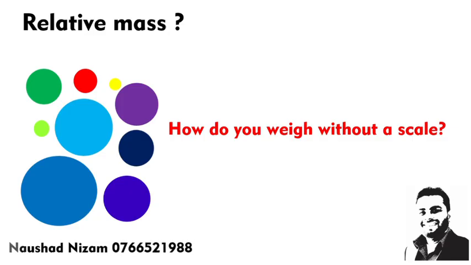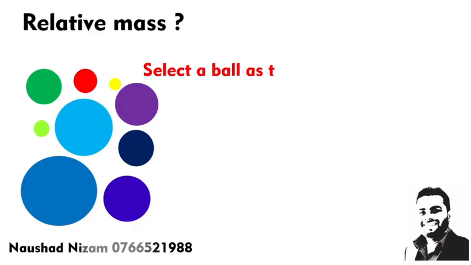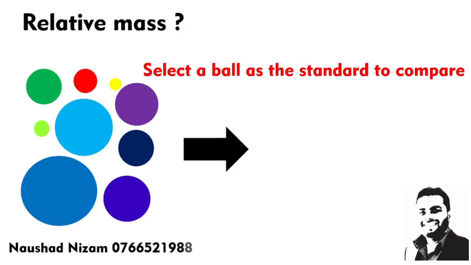That is what we are trying to do. When there are no scales to measure, what you can do is select one object out of the available balls as a standard ball or standard mass unit.